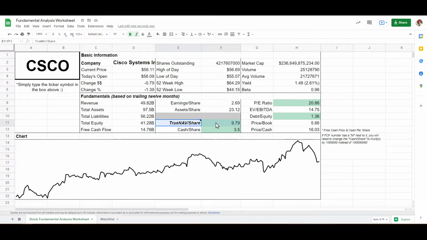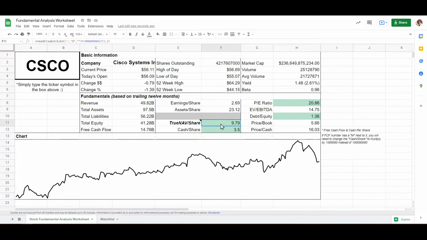I call it the true NAV because I think that it represents the real value of the company per share, or if you want to call it the book value. I think that the true NAV per share is the best metric that you can look at when doing fundamental analysis, because a company can't fake its assets versus its liabilities.